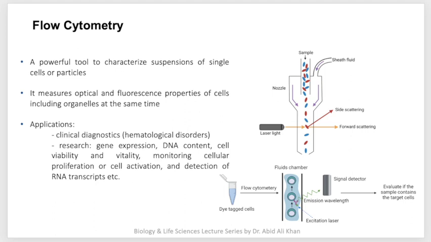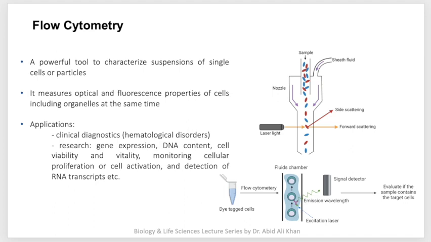There are many applications of flow cytometry, as we discussed already, in clinical diagnostics. For example, hematological disorders: flow cytometry is deeply connected to blood analysis. Conventionally, blood is always used as an example to discuss flow cytometry.